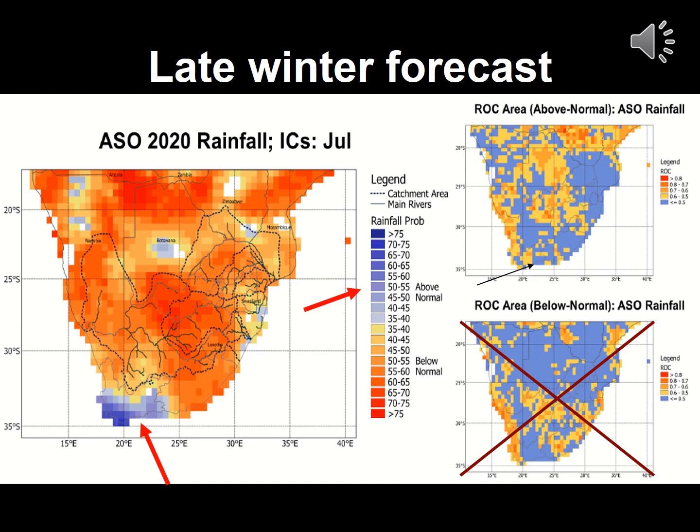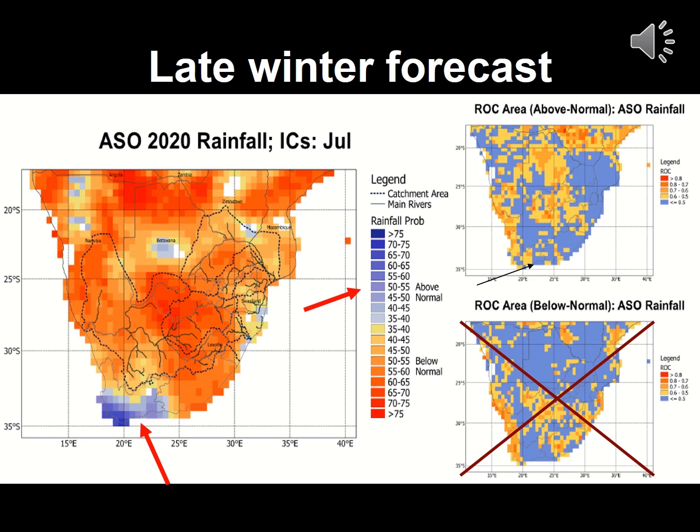Now in the skill scores on the right-hand side, we only look at the top one because that pertains to above normal rainfall. The bottom one talks about below normal rainfall, and we haven't got that option. But you'll see the Southern Cape is mostly blue. And if you look at the legend, it's very small, it says that that is less than 0.5. So the skill of this forecast is not very high.